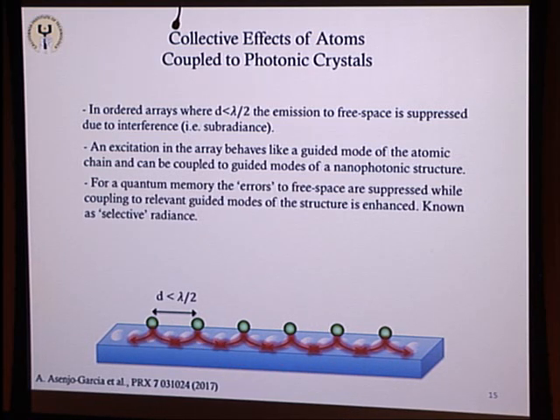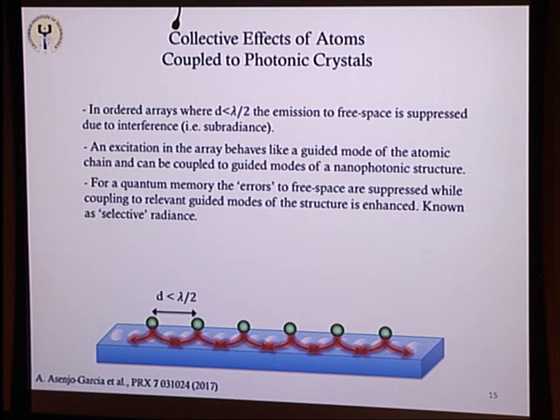And this has really important implications for quantum memories. For quantum memories, the losses into free space are essentially your error rate. And if you can turn those losses off and increase the coupling of the atoms to your structure, then you can achieve what is known as subradiance, just selectively choosing the radiant modes that are coupled to the structure.